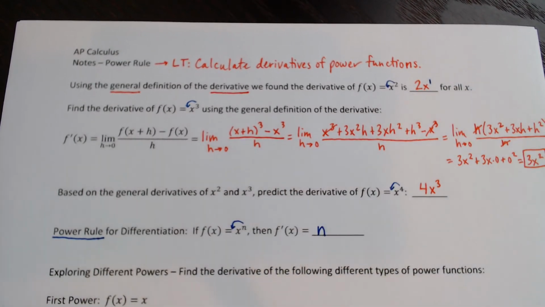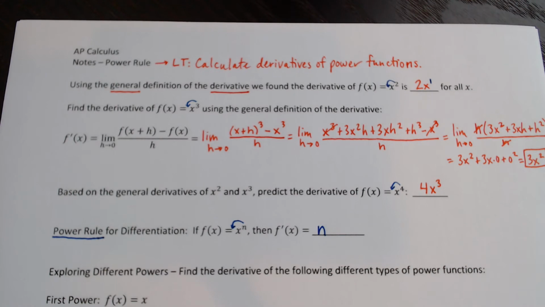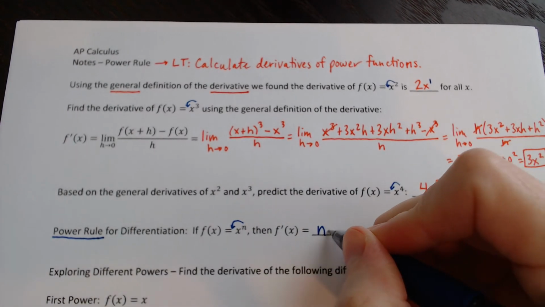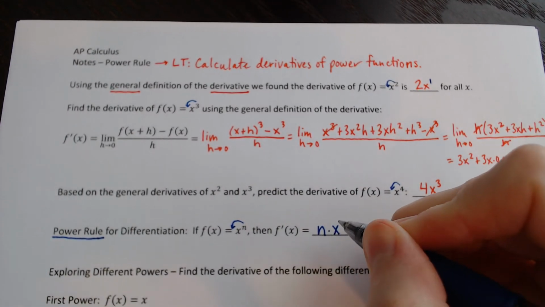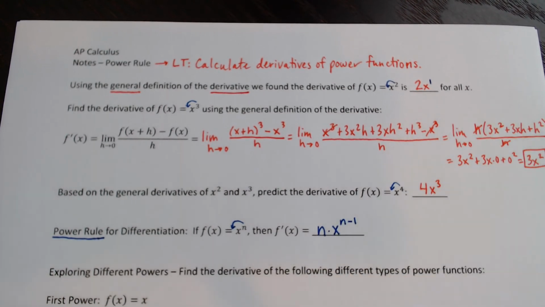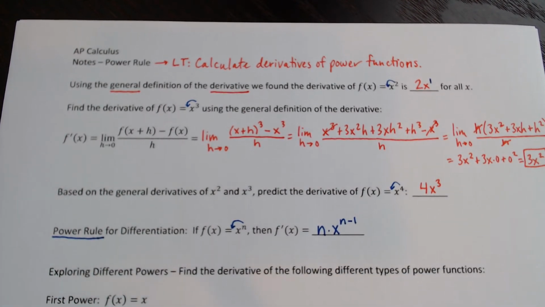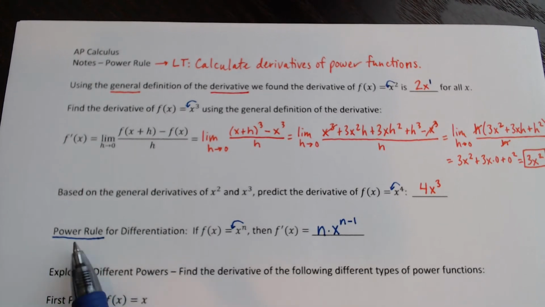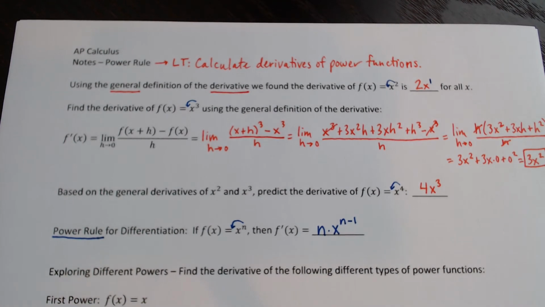So the derivative of f will have a coefficient of n, multiplied by the same base x to the original power subtracted by 1, so 1 less than the original power. So the formula, or the power rule for derivatives, is n times x to the n minus 1, and that does work for any power. And we're going to see in our examples that we have not just positive powers, but a lot of different types of powers to deal with.